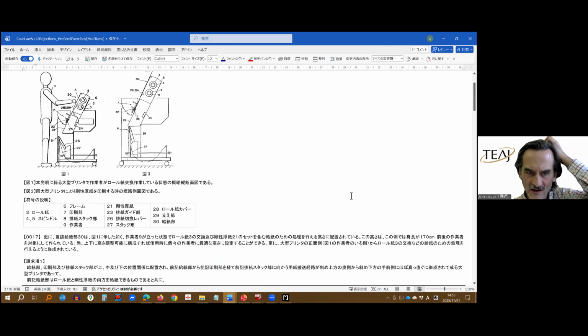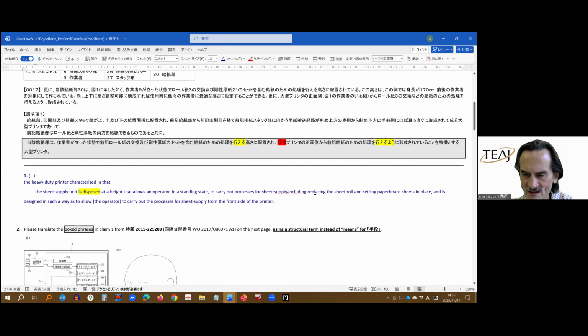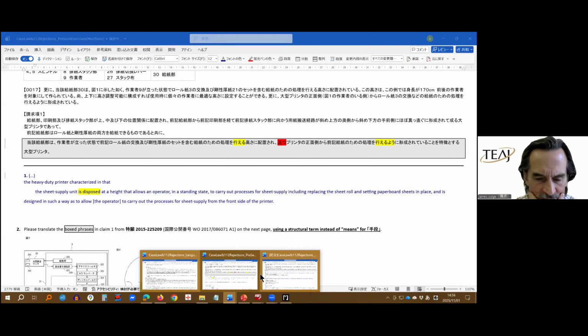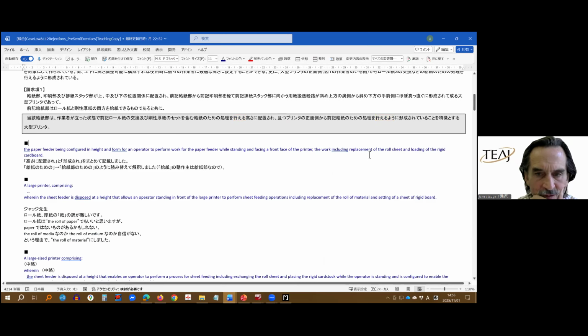After spending all these years and all this money and making many amendments, nobody thought to correct that obvious error in the vocabulary chosen to translate that term, Atsugami. But others, and those of you who did the homework, you used rigid cardboard, which is pretty good.